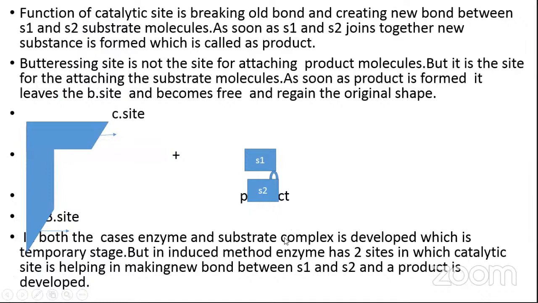In both cases, in the lock and key theory and in the induced fit theory, we observe the formation of this temporary enzyme substrate complex, which further undergoes various reactions and results in the formation of two end products, one the enzyme and the other the end product. But here the enzyme again recovers its original shape, and the end product comes out with a new nature.